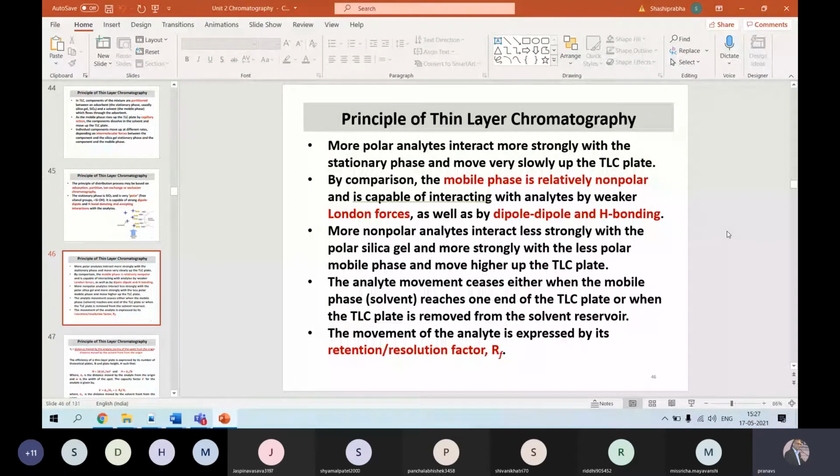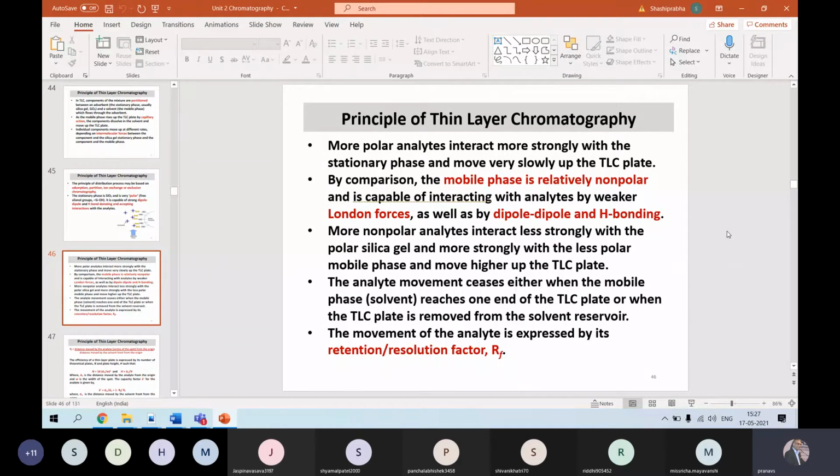By comparison, the mobile phase is relatively non-polar and is capable of interacting with analytes by weaker London forces as well as dipole and hydrogen bonding. What I want to emphasize here is, in thin layer chromatography, the analytes you separate can be polar, non-polar, or of intermediate polarity as well.